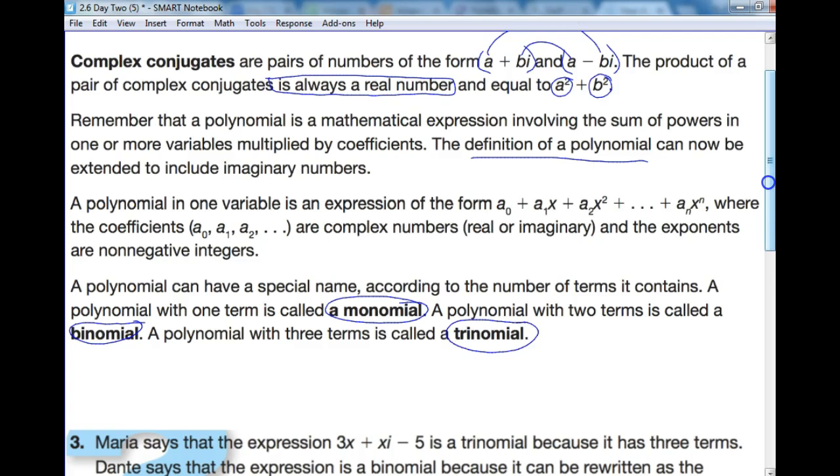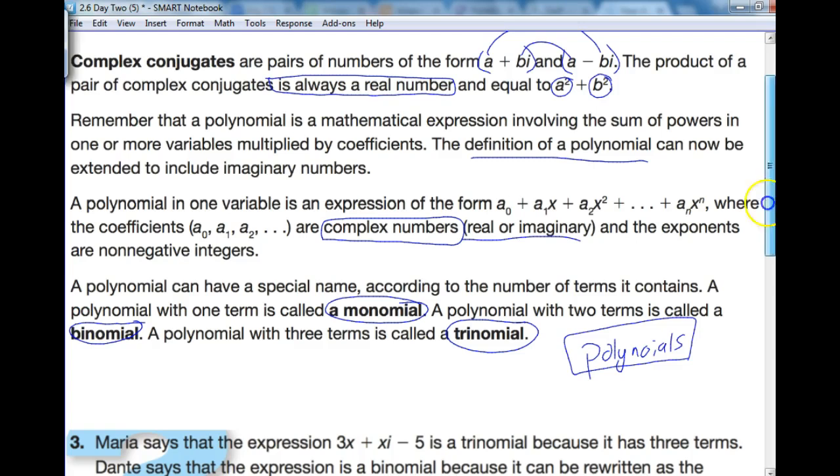And anything above three terms was called polynomials. Okay? We're going to extend these definitions. We're going to identify monomials, binomials, and trinomials in complex numbers, whether they're real or imaginary, because they include both of them. This is confusing. You've got to wrap your mind around this.